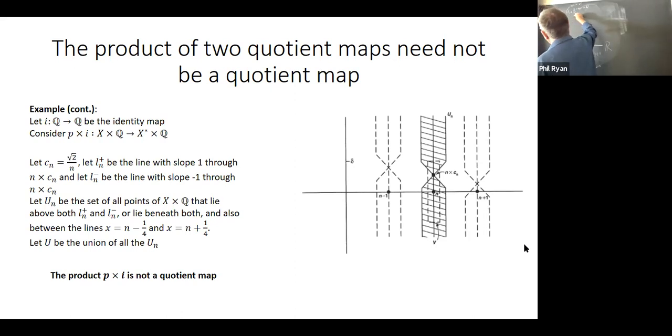They look like intervals centered at 0, so minus delta to delta, right? So this is this delta here. Okay, so we can choose an n such that the point C_n is going to lie within that delta.